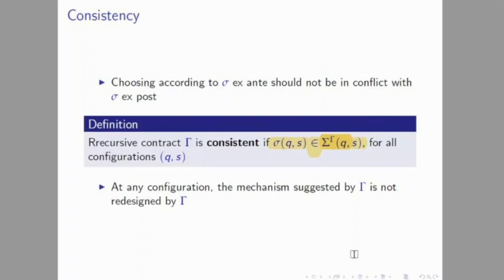Namely, the contract is consistent if the choice rule under each possible configuration is such that the recursive contract doesn't call for changing the output of the recommended mechanism. That is simply a consistency criterion implying that the mechanism suggested by the recursive contract after any counterfactual hypothetical history is not redesigned by the contract itself.